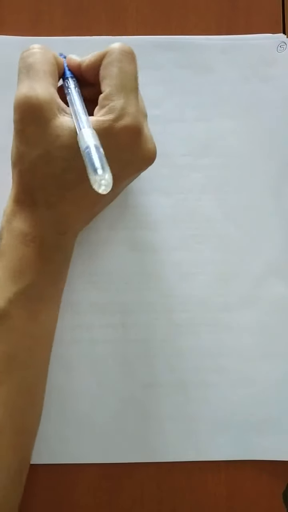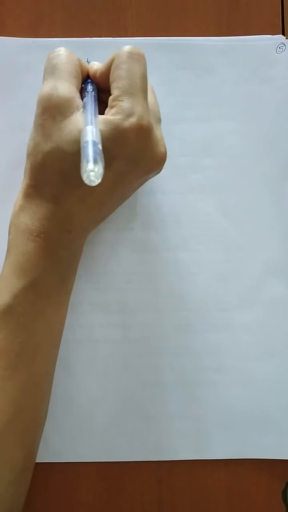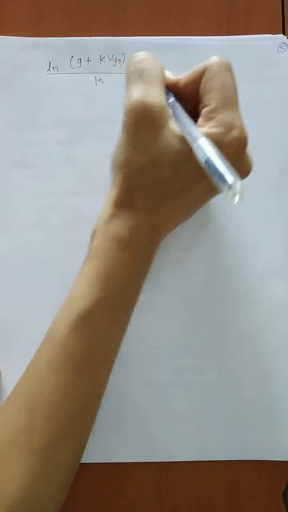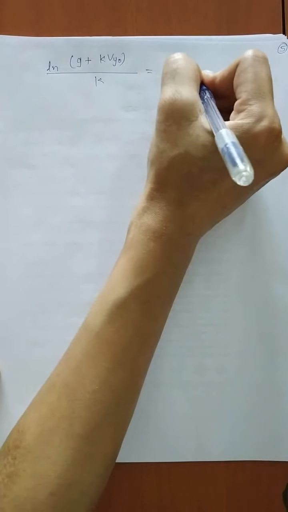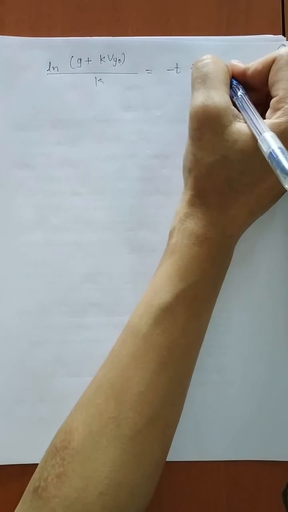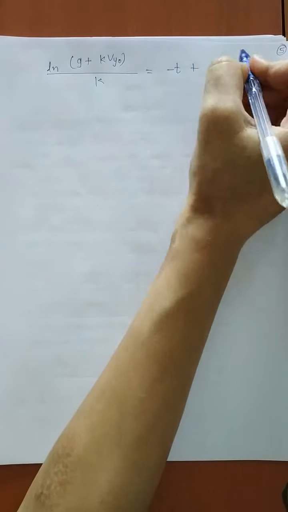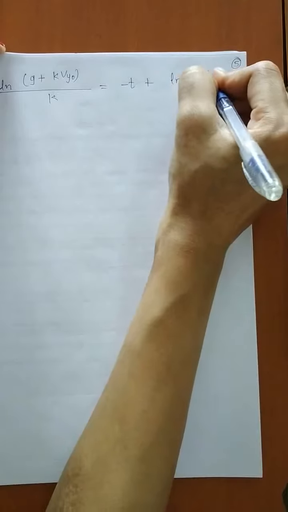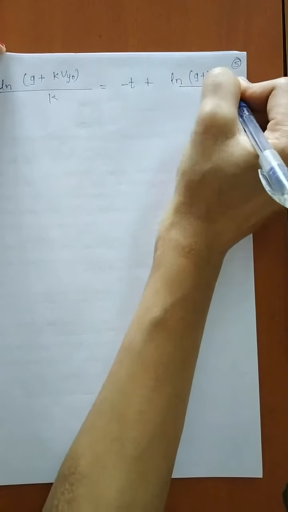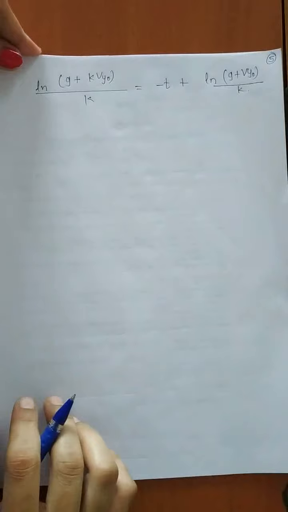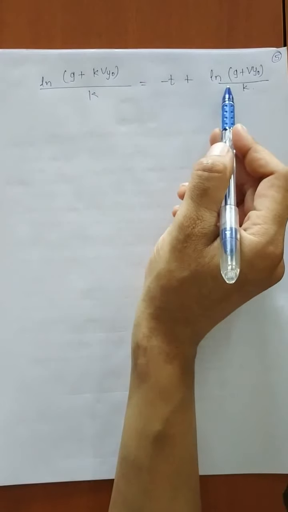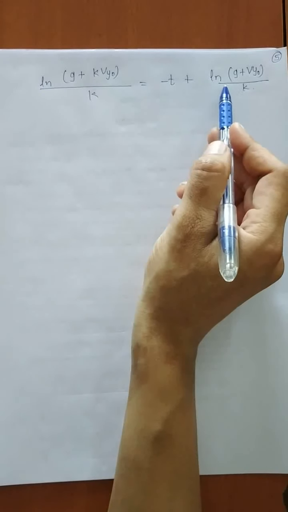Let me write the equation. ln g plus k vy upon k equals to minus t plus, now C3 is again ln of g plus k vy naught upon k. So if you substitute the value of C3 in equation 11, you will get this equation.